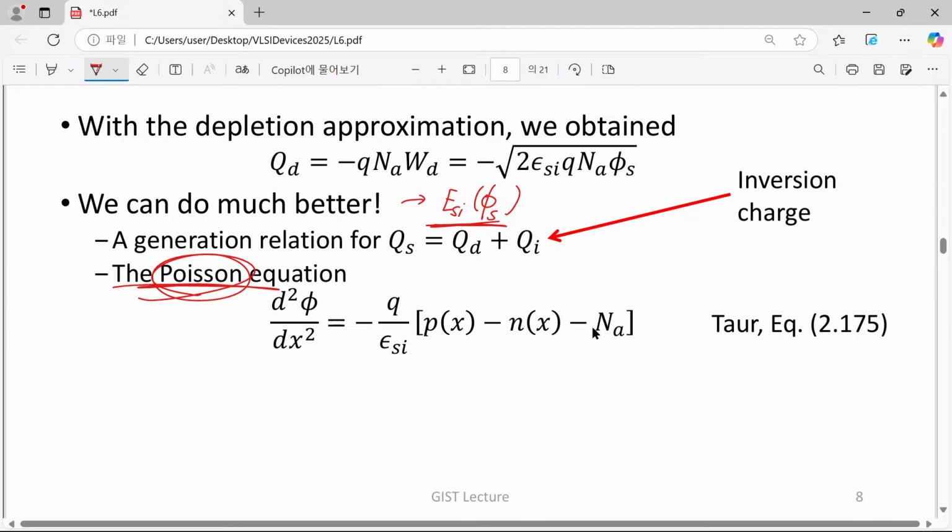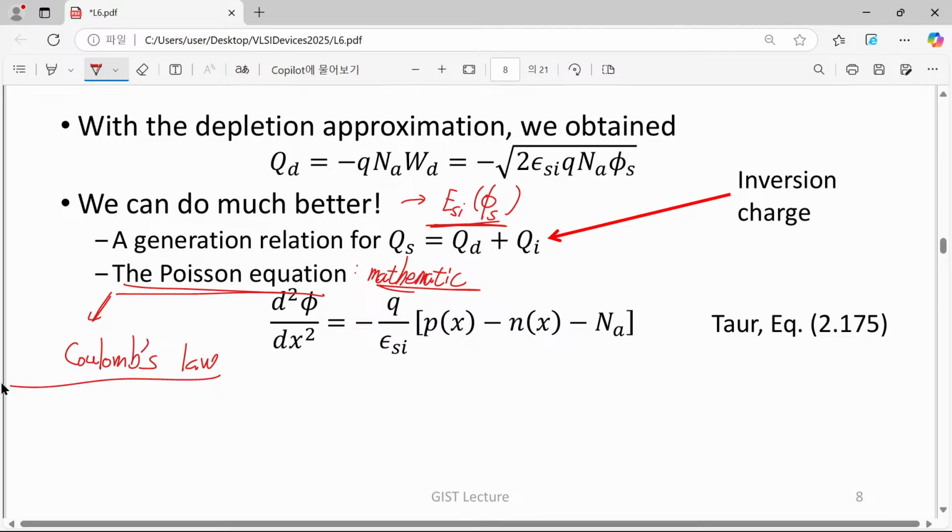Although it is quite frequently called the Poisson equation, in the general case this is not the Poisson equation. Well, anyway, let's say that this is a common name for our Poisson equation, and the Poisson equation itself is obtained from its mathematical form, but its physical form is nothing but Coulomb's law.